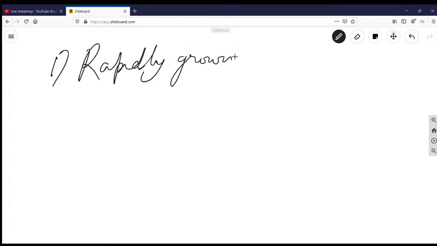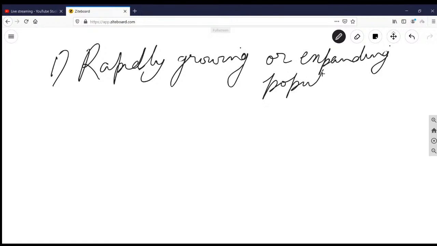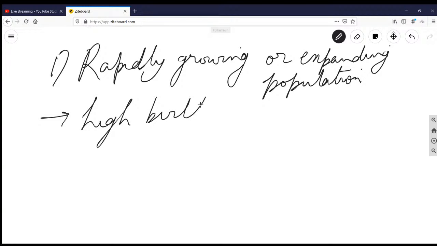Rapidly growing or expanding population. Okay. So what we'll be having is high birth rate, then low death rate.